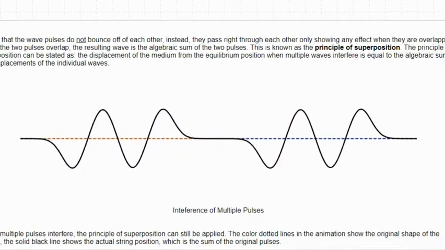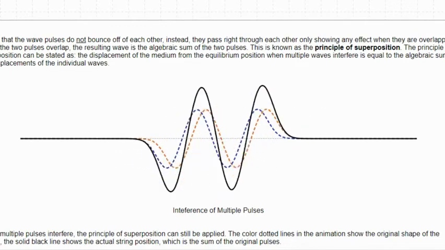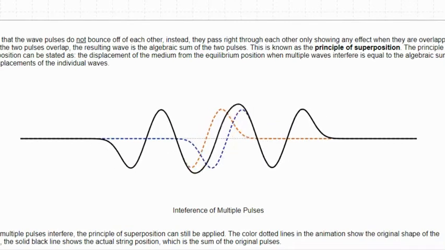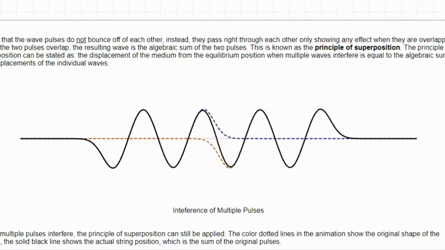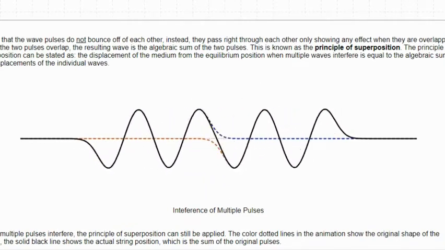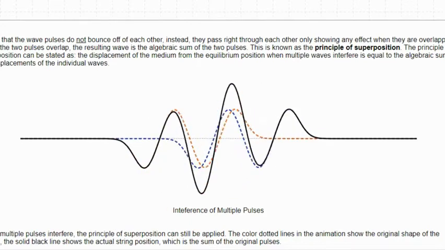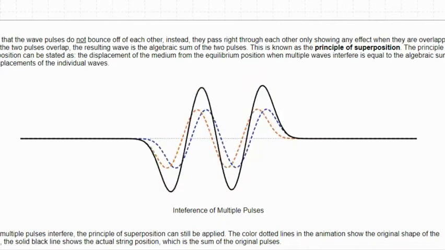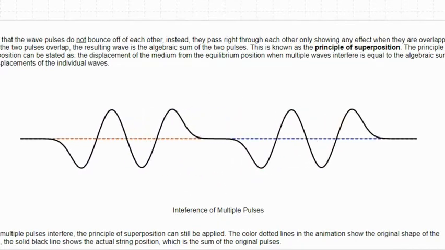You can see that it creates a very interesting interference pattern. You get some alternating constructive and destructive interference at points, and all of it depends on whether it's a crest interfering with a trough or a crest interfering with a crest, and all of that.